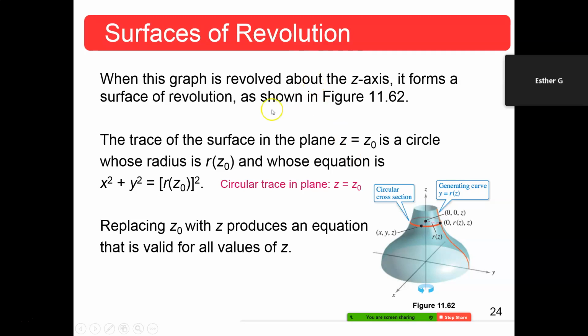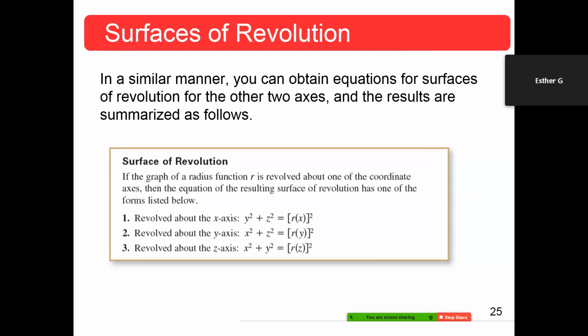When you had a z0 in there, that gives you just that little circle. Let z vary from, say, 0 to infinity, and then you've got the surface of revolution. In a similar manner, you obtain equations for surfaces of revolution on the other two axes, and those results are summarized below.